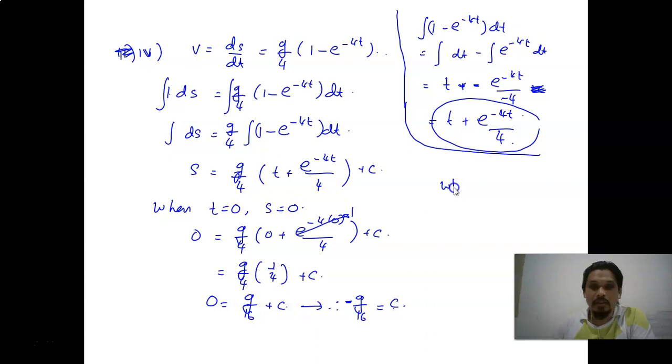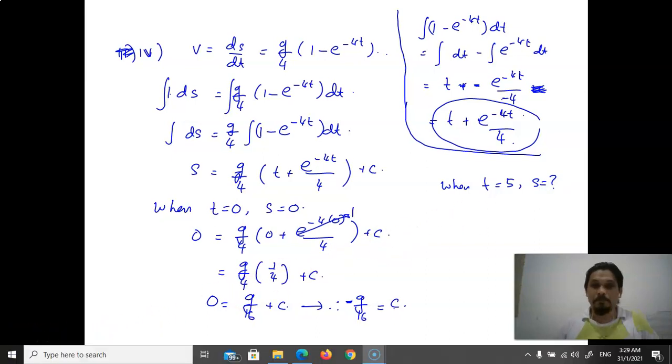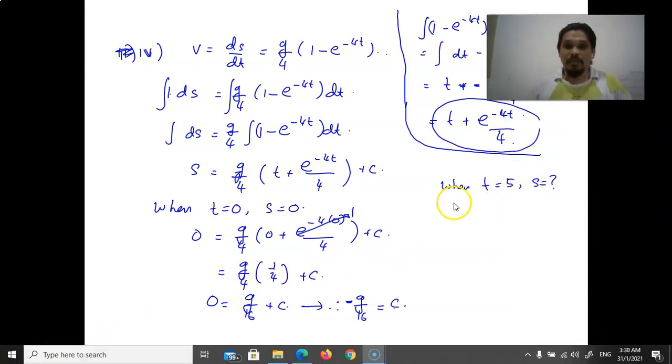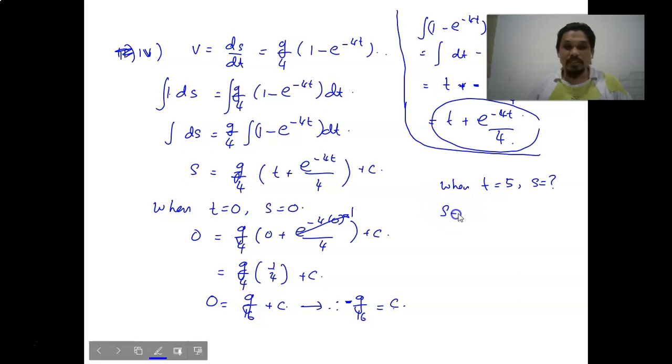And then when t equals 5 and s, so this one here, s equals g over 4, 5 plus e power of negative 4 times 5 divided by 4, minus g over 16.